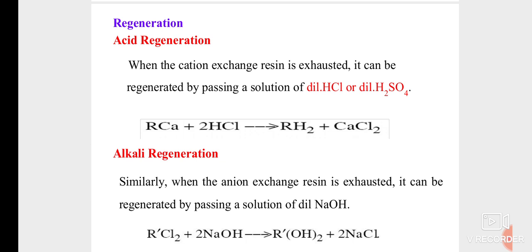First, acid regeneration. When the cation exchange resin, that means RH2, is exhausted, it can be regenerated by passing a solution of dilute HCl or dilute H2SO4 into the cation exchanger column by the side arm. What is the reaction involved?